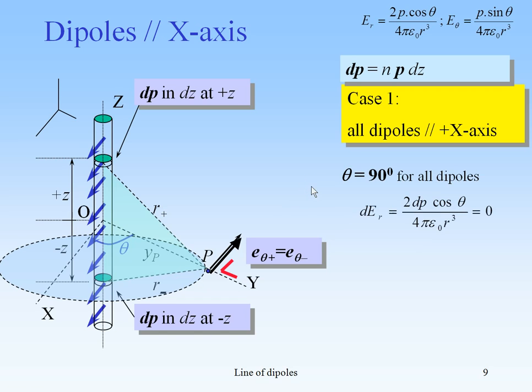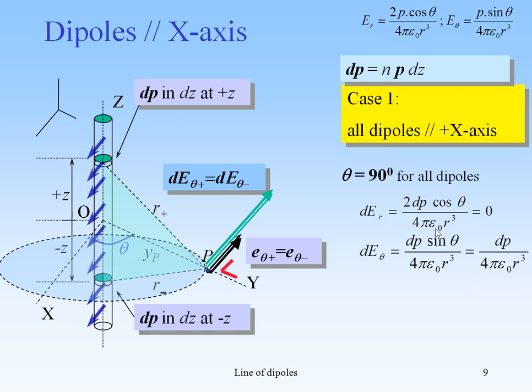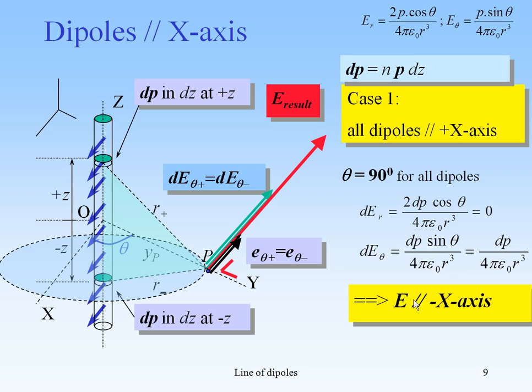This means that the radial field of the dipoles is 0 because the cosine is 0, and the tangential field is dp over 4 pi epsilon naught r to the third because the sine of theta is 1. And we end up with a resulting electric field vector in the direction of minus x.